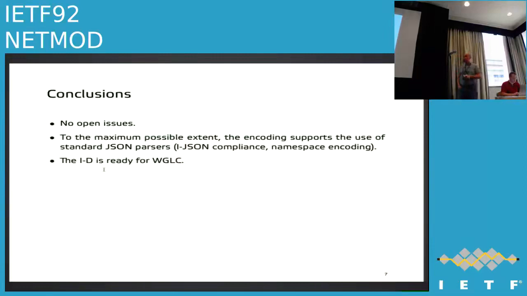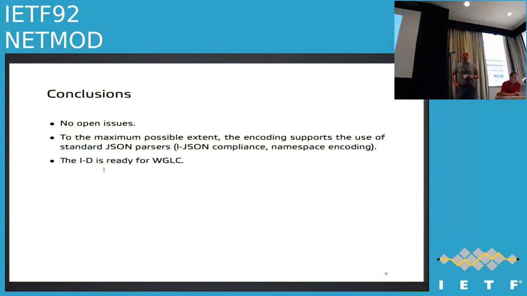I believe that this JSON encoding is usable. There are currently no open issues, and we have gone quite a long way towards making this encoding friendly for existing JSON parsers. It means that we are now adhering to I-JSON. By the way, I-JSON became an RFC just yesterday.